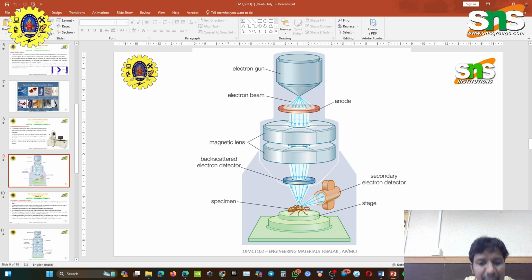We have some detectors, like secondary electron detectors and backscattered electron detectors. These are the two most common types of detectors for high resolution imaging in SEM analysis. Macro analysis of surface composition can be assessed using energy dispersive X-ray spectroscopy, the EDS detectors.